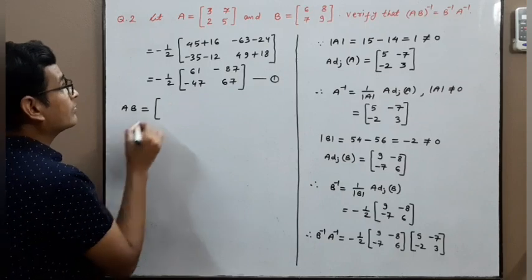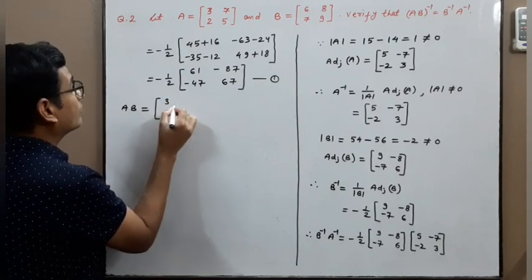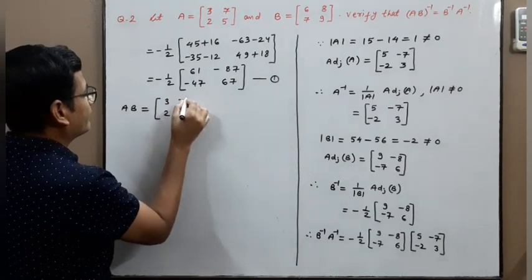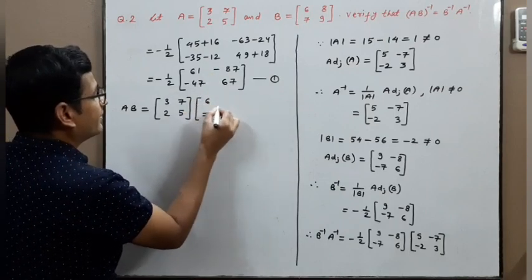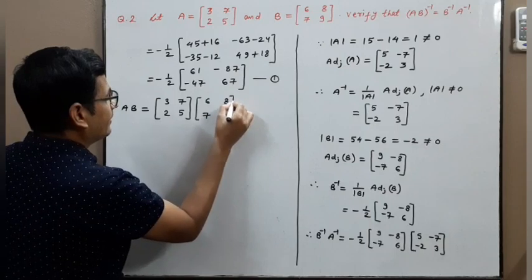A is equal to [3 2; 7 5] and B is equal to [6 7; 8 9].